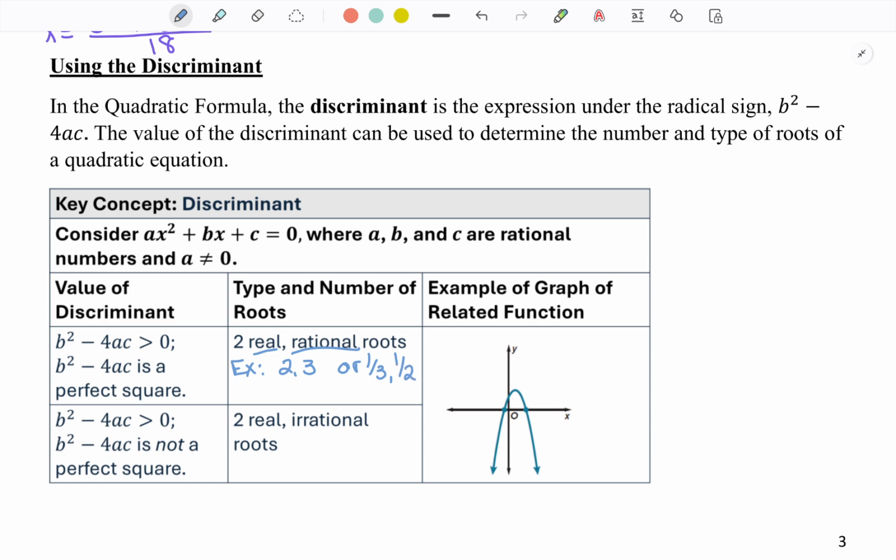So you'll have either perfect squares or fractions. If b squared minus 4ac is greater than 0, but it is not a perfect square, you will have 2 real irrational roots. So it might be like 2 plus or minus the square root of 3, or it might be 1 plus or minus the square root of 7 over 5, something like that.